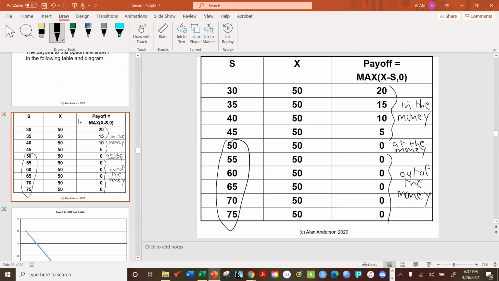Professor, so with puts, we have a limit on how much profit we can make. That's true. And the only reason for that, though, is because we can't have a negative stock price. But that's a very good observation. It's limited, but it's a very high limit. So technically, we no longer have an unlimited upside potential, but we have a very high upside potential because the maximum payoff occurs when the stock price is 0.